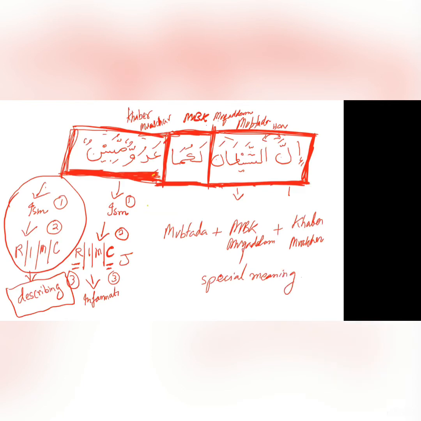That would be because of the flip of the order, and also the presence of inna, which is used for emphasis. So we say here it is a special meaning, not ikhtisas.